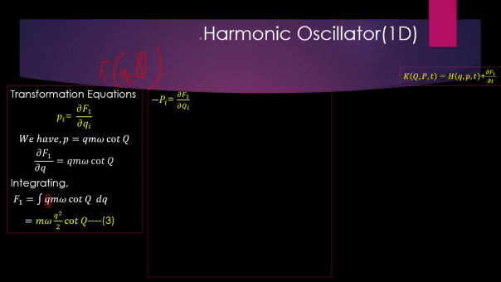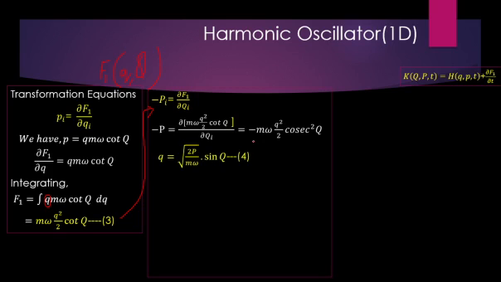Now we can make use of the generating function over here. We can substitute for F1. So the cot Q has to be differentiated; in this, everything else is constant. Cot Q has to be differentiated with respect to Q. So what is the derivative of cot Q? It is minus cosec square Q. So the negative sign will go off and you will get small q.